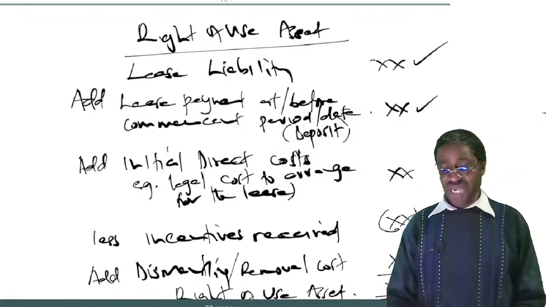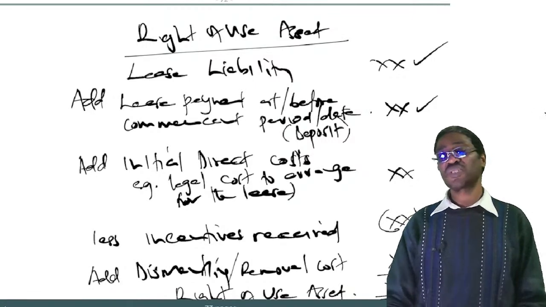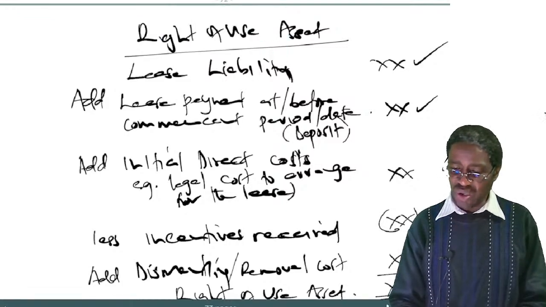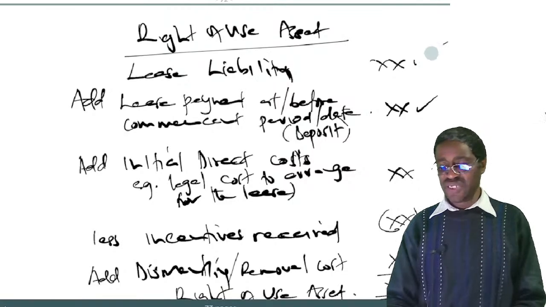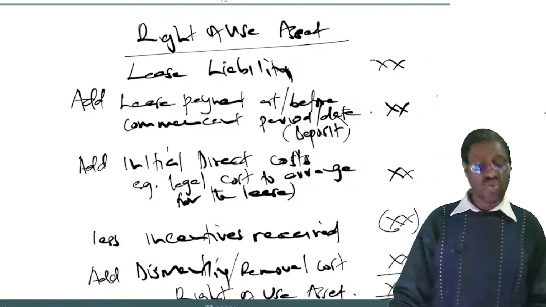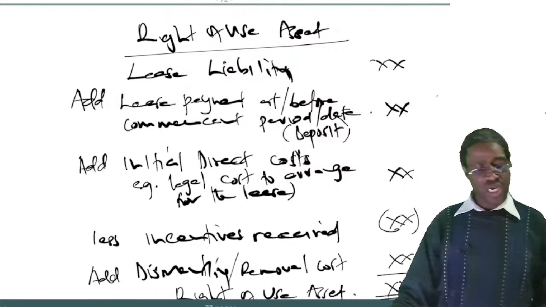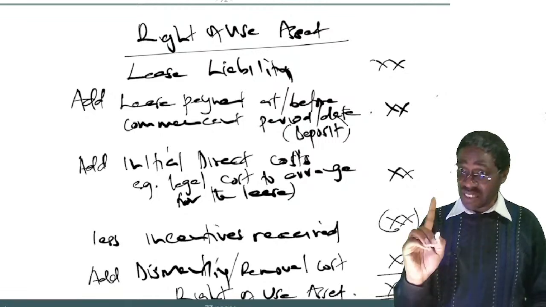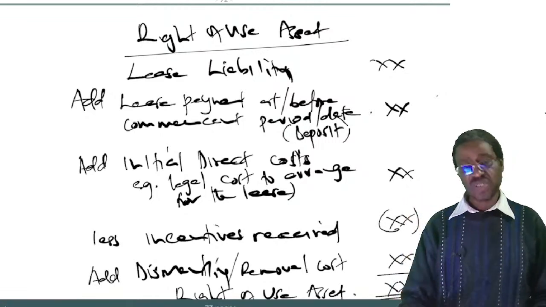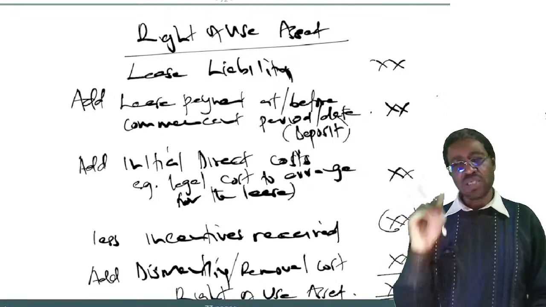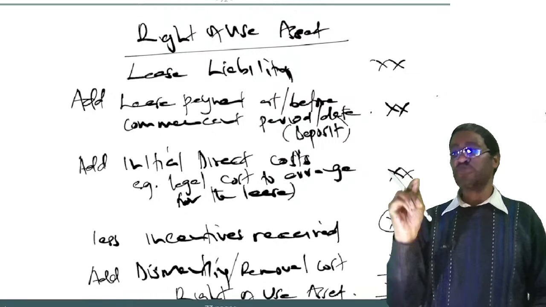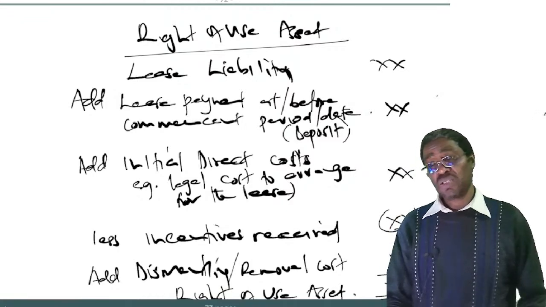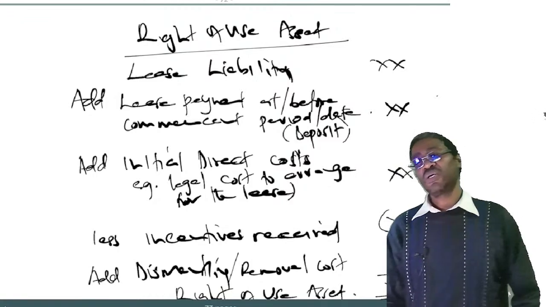Write the first item there: lease liability. Whatever it was, your lease liability is one component. Then you add lease payments at or before the commencement period or date.